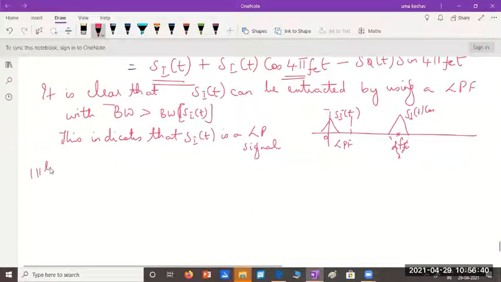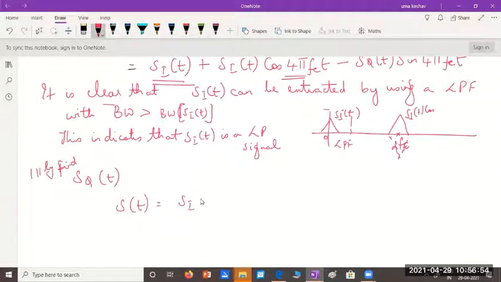Similarly, if I have to isolate S_Q of t from the equation, what should I do? Can somebody tell me? You have this equation. S of t is S_I cos 2 pi fct minus S_Q sin 2 pi fct.